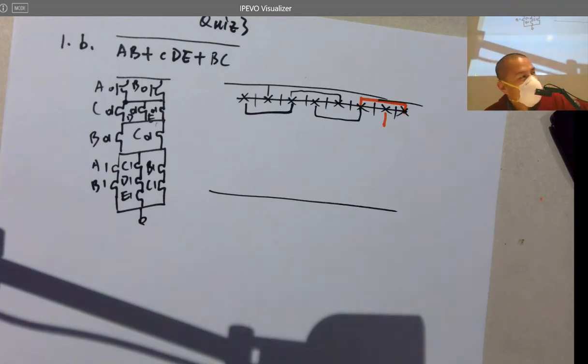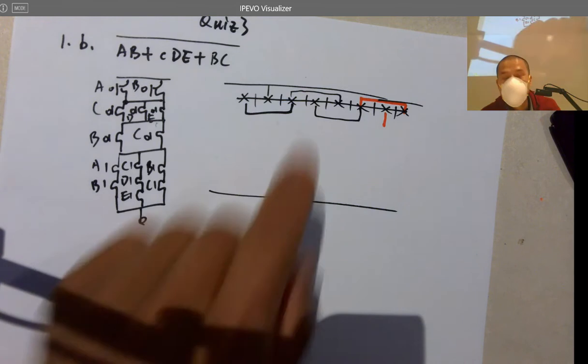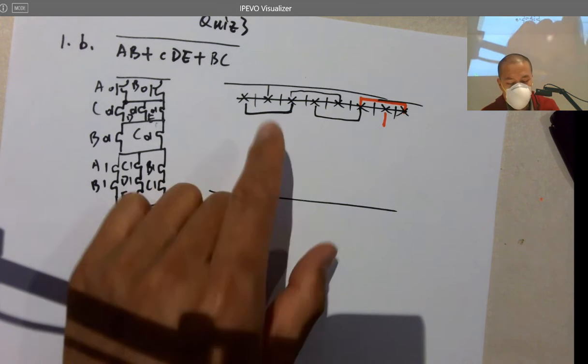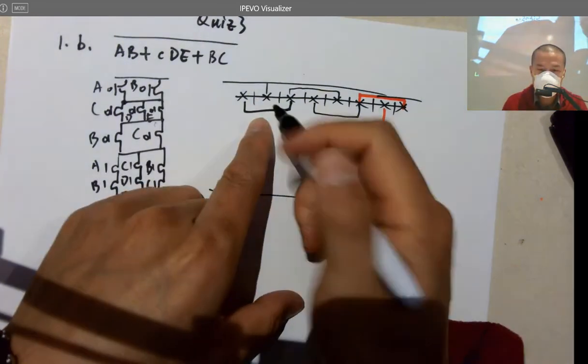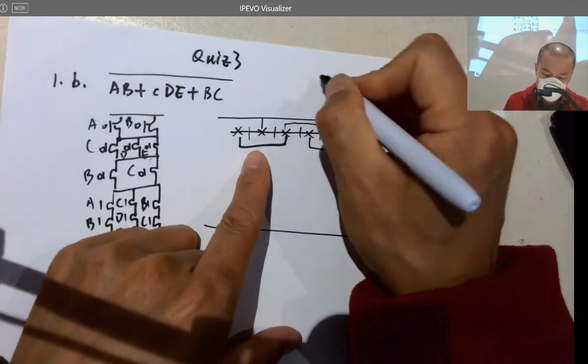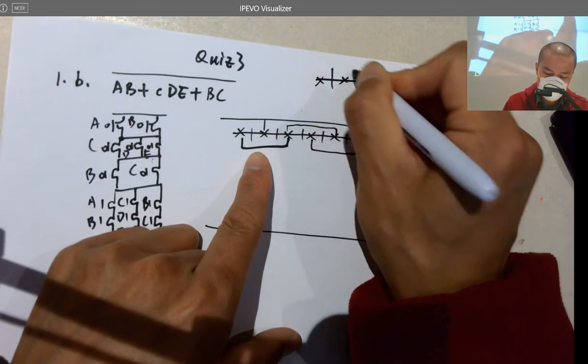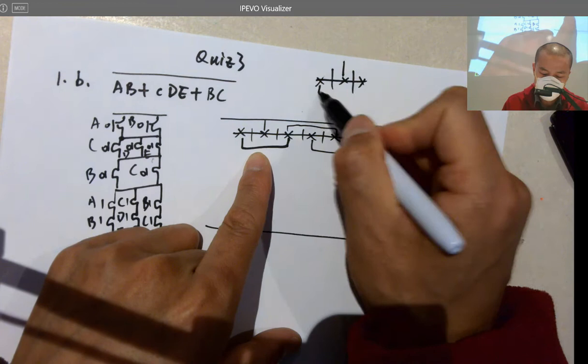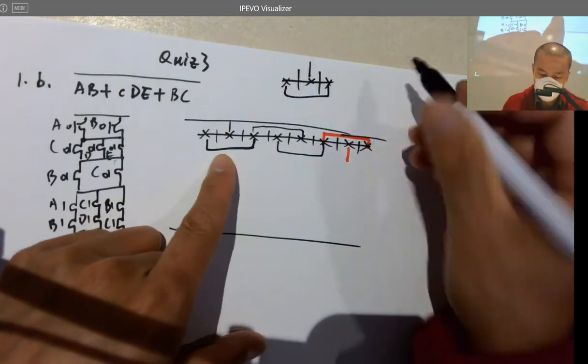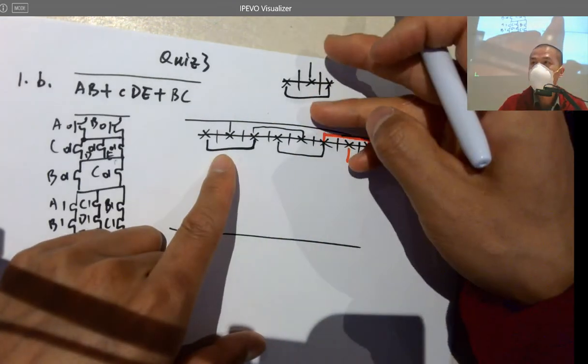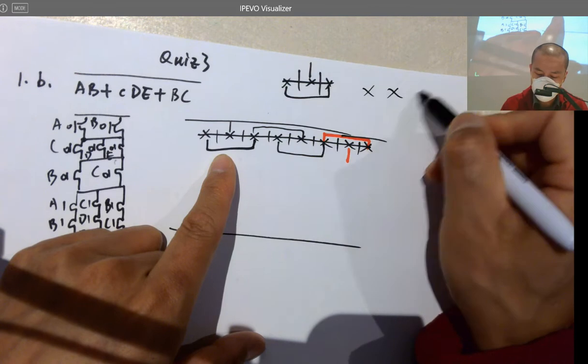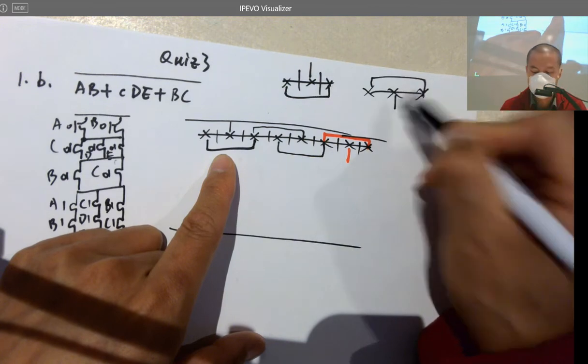Am I losing anyone? Did you get the trick here? So 2 in parallel, you can do either this. Remember? You can do either this, that's 2 in parallel, or if you flip it, it's actually the same as this.